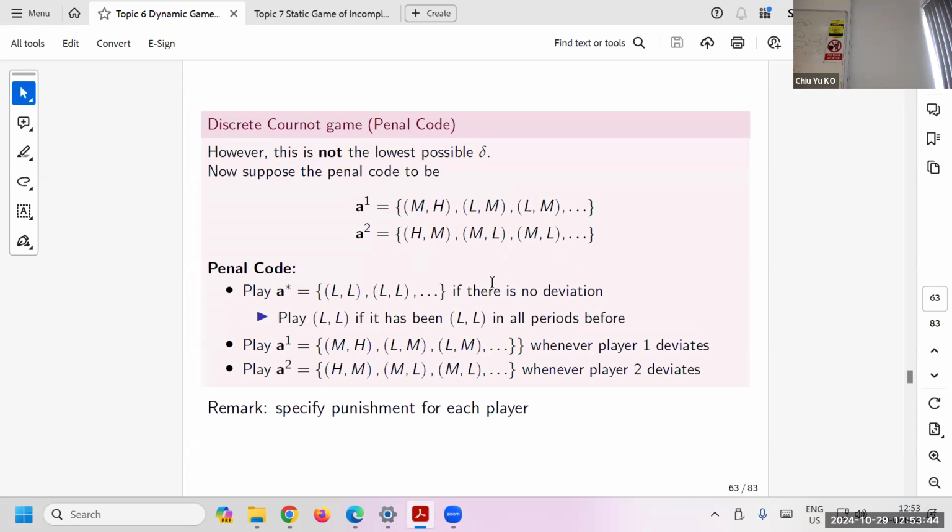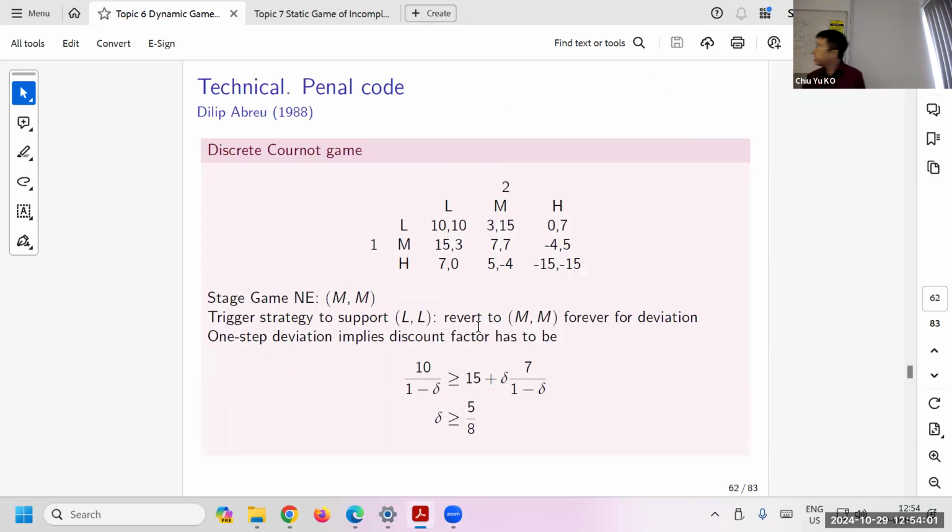The main idea is the trigger strategy is punishing the one who has been a good guy, right? Because remember this case. Look at this one, right? So player 2, if player 2 is a good guy, he has good here, he gets 10, right?